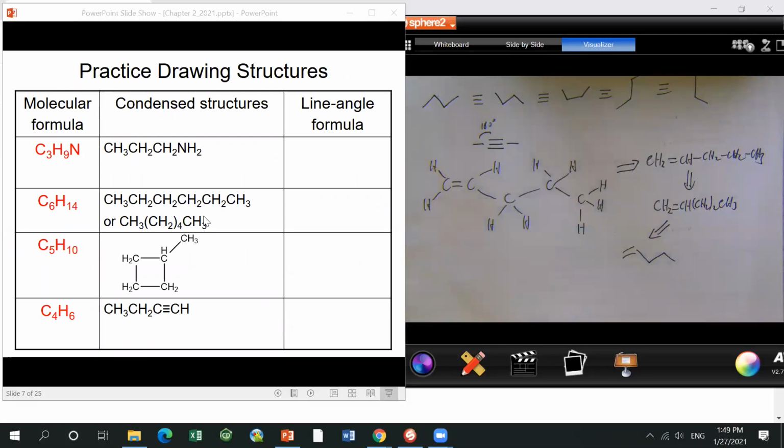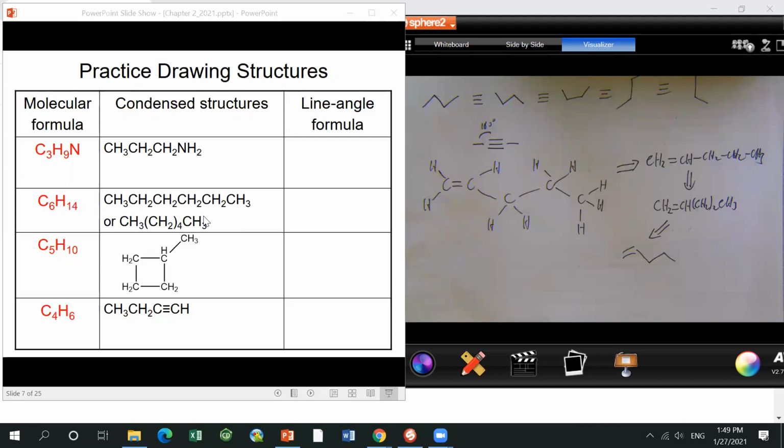Probably I will post a practice exam, a practice quiz, so you see what kind of questions you will see in the real quiz. Last thing, you can take a try: draw the line angle structure for these 4 questions.